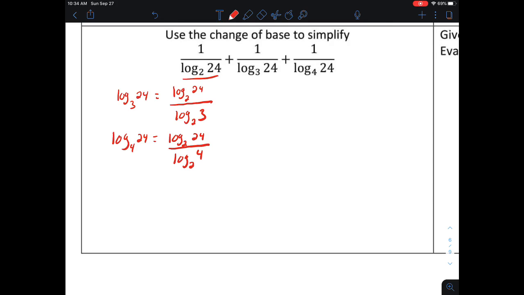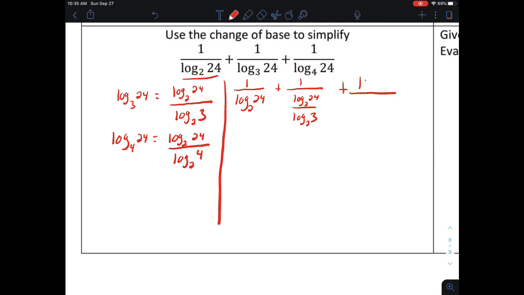So log of the inside over log of the base. And then we're going to rewrite our problem. So we'd have 1 over log base 2 of 24 plus 1 over, we'd have log base 2 of 24 over log base 2 of 3. And then plus, we'd have 1 over log base 2 of 24 over log base 2 of 4.